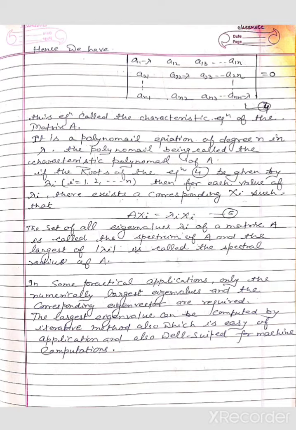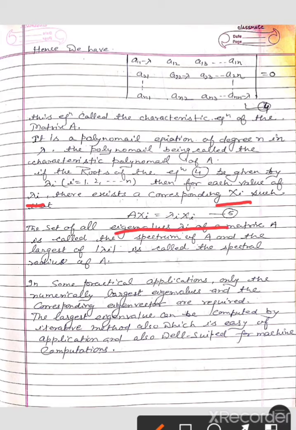For each value of lambda i there exists a corresponding column vector denoted by xi, such that A xi equals lambda i xi.